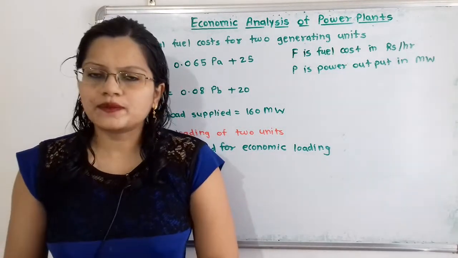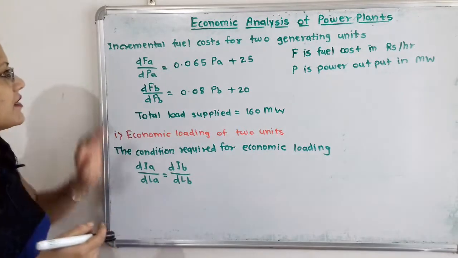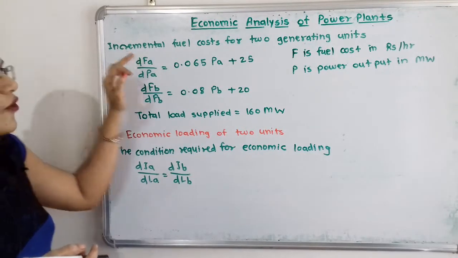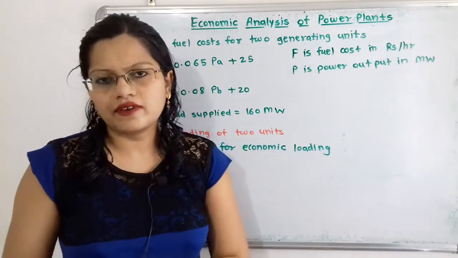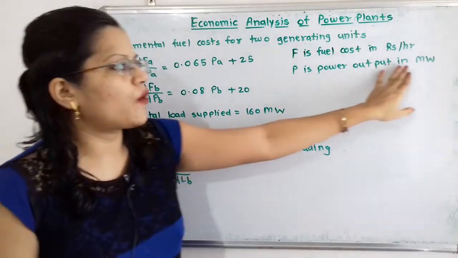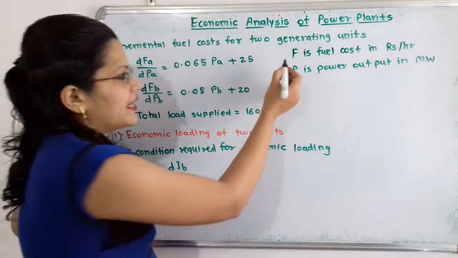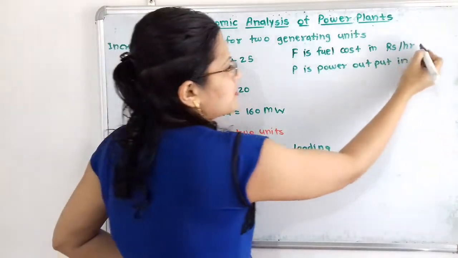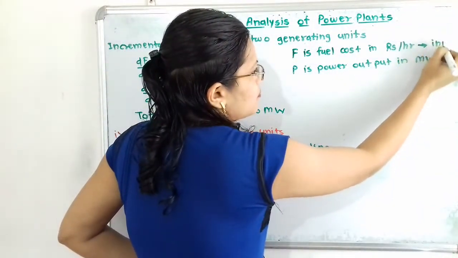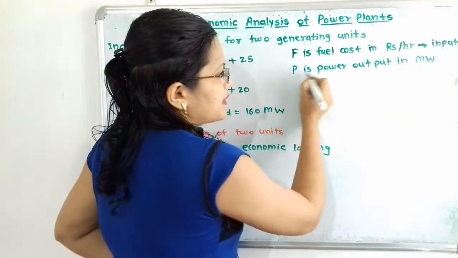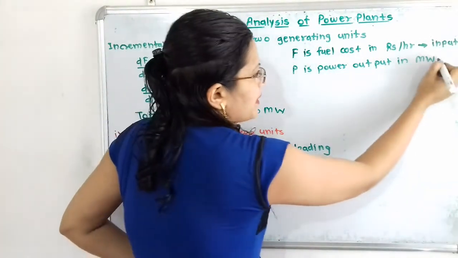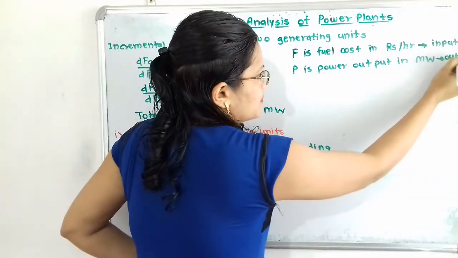Now if we observe this given data, then F is the fuel cost in rupees per hour and P is the power output in megawatt. So we can say that F, that is the fuel cost in rupees per hour, is known as input, and here P, that is the power output in megawatt, is known as output.